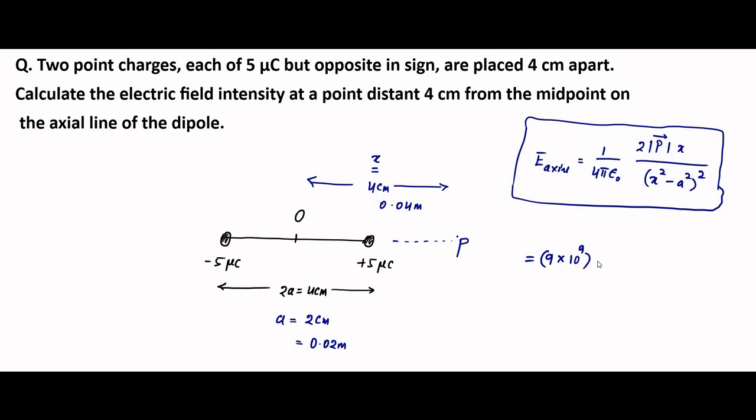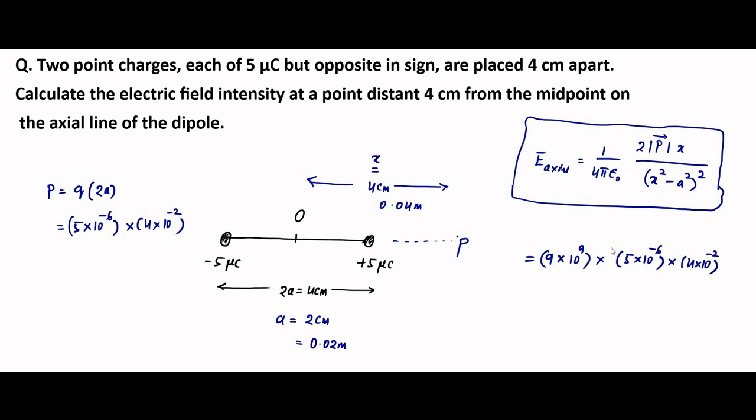Then p is the dipole moment, which is equal to q into 2a, which is 5 into 10 to the power minus 6 into 4 into 10 to the power minus 2.